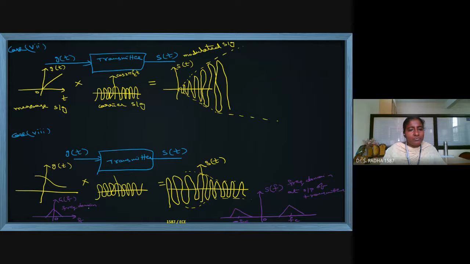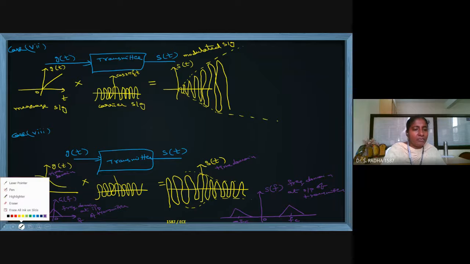This is the frequency domain at input of transmitter, and this is the time domain at input of transmitter. How is the time domain converted to frequency domain? By applying Fourier transform or Laplace transform, anything like that. This is the time domain at output of transmitter.